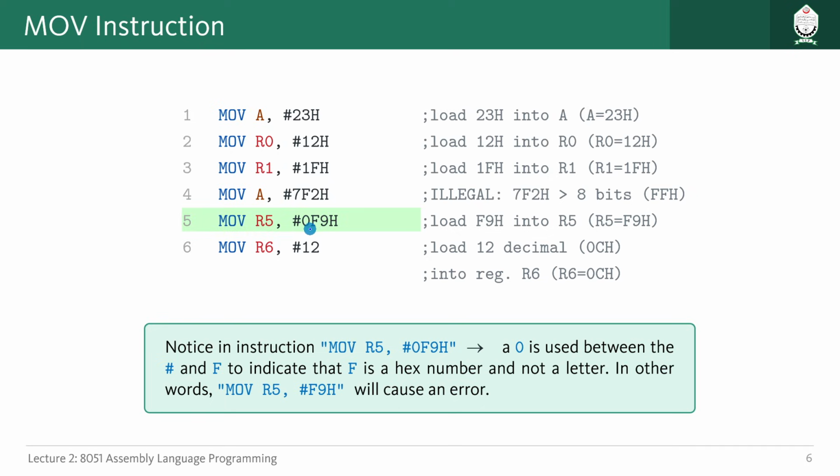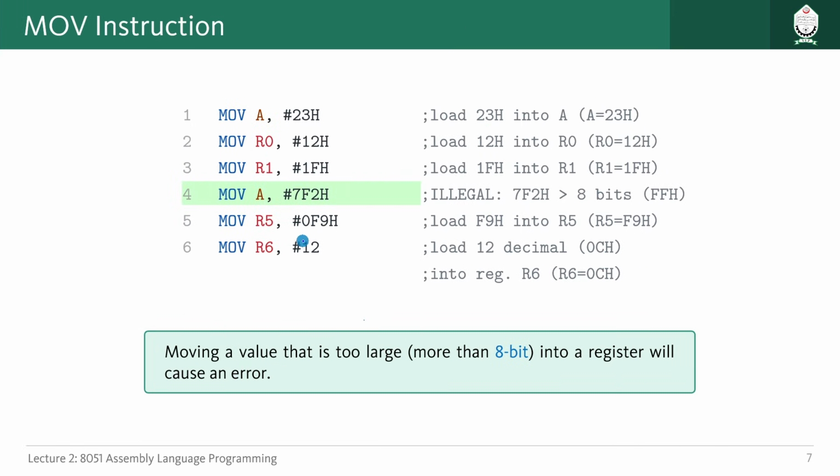Otherwise the assembler will cause some problem, because it can be interpreted as a label. What a label is we will learn very soon in this lecture, but if you don't give the 0 in front of F, it may be considered as a label that will cause some problem. So that's why we have to put this 0.